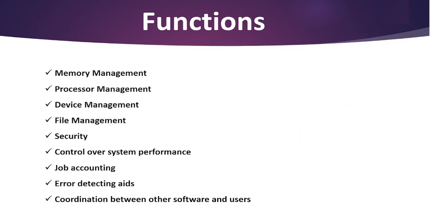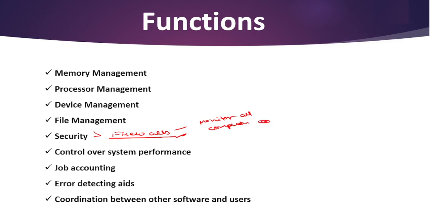Next point we have is security related functions. So for security, modern operating systems employ a firewall. We all know about firewalls, which play an important role in every computer system. A firewall is a type of security system that monitors all the computer activities.